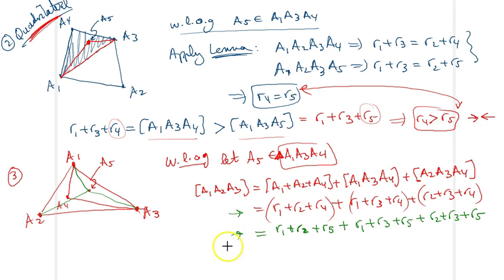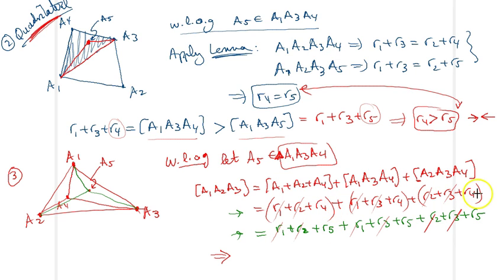So those two expressions would have been equal depending on how you partition your triangle A1, A2, A3. But if these two quantities are the same, the R1s cancel, the R2s cancel, and the R3s cancel.